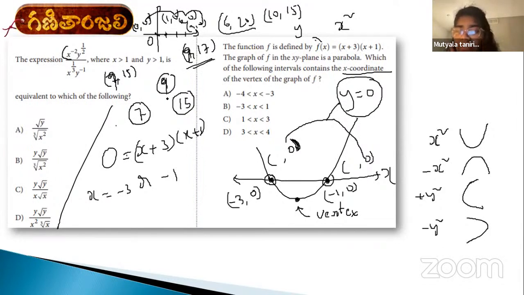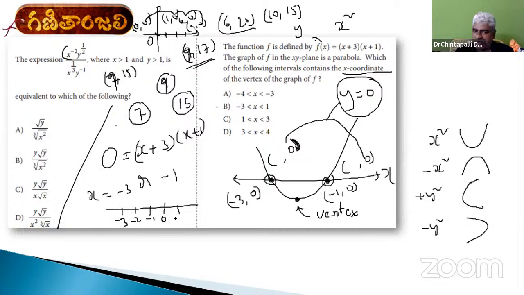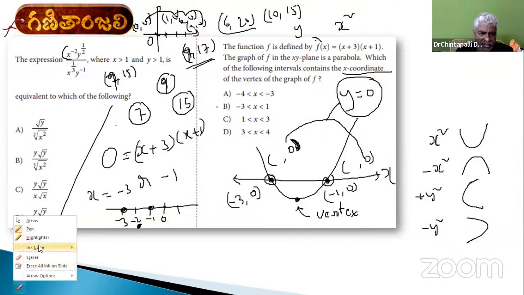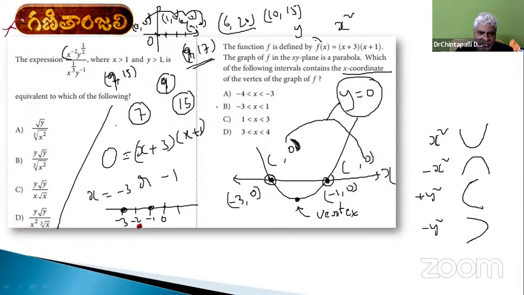Is the answer B, sir? Because negative 3 comma negative 1, yes, you are right. Very good. The number line is like this: 0, negative 1, negative 2, negative 3, and positive 1. The vertex is somewhere here.